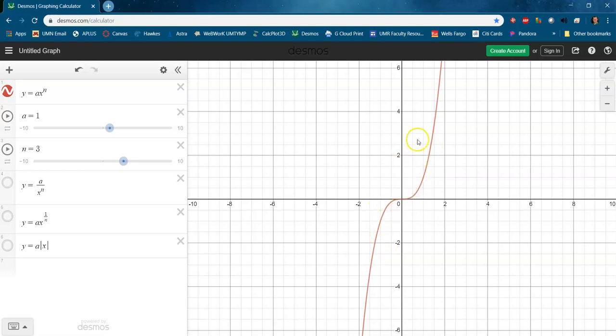It's an always increasing function, and so as we go off to the right, y gets much larger, and as we go to the left, y becomes a smaller negative number. Then, playing around here, with n equal to 4 we get a kind of flattened parabola.